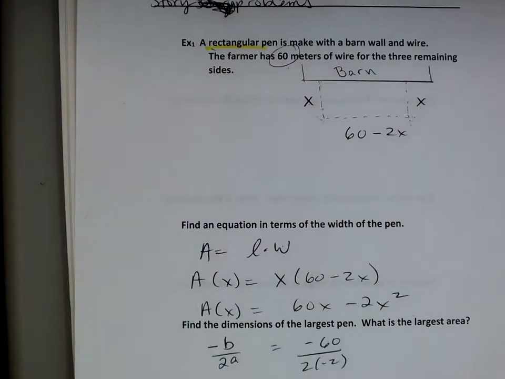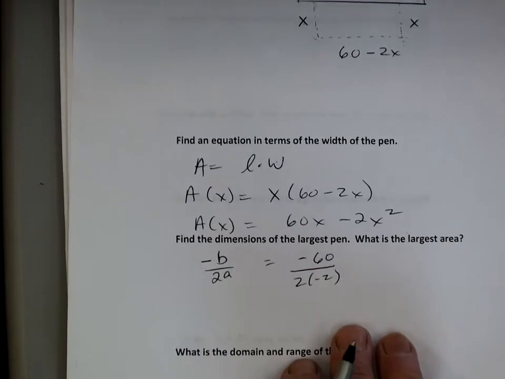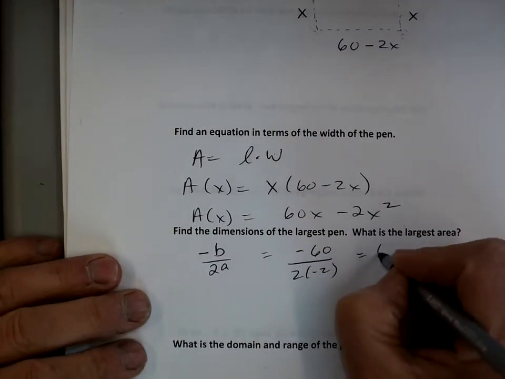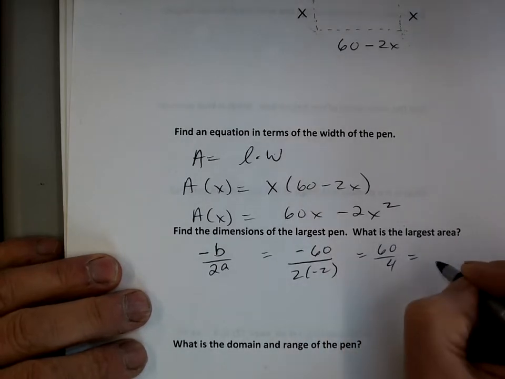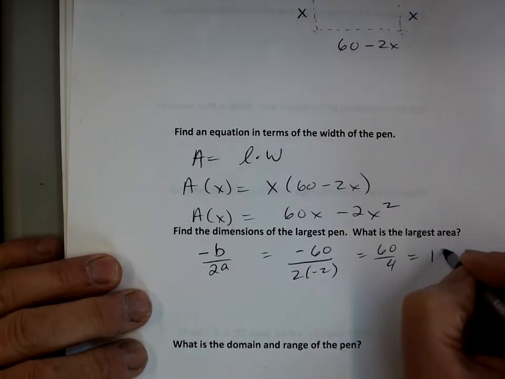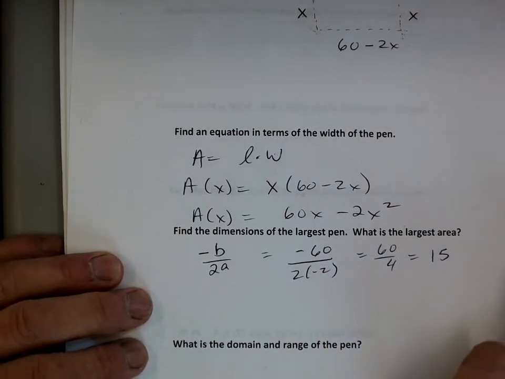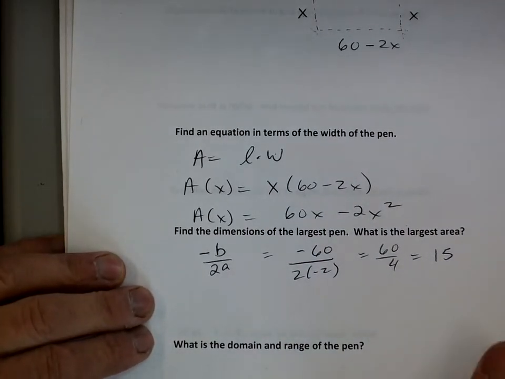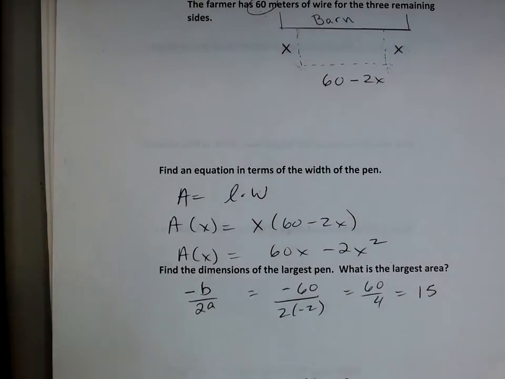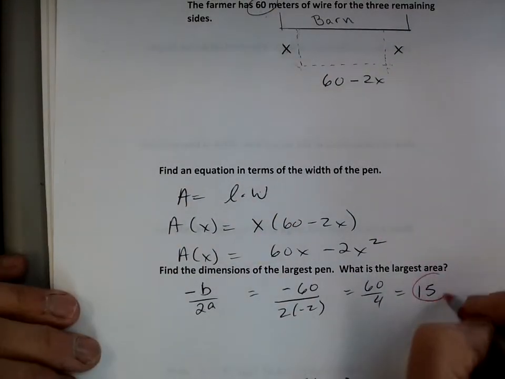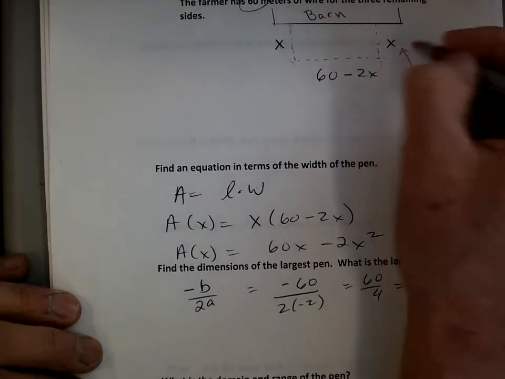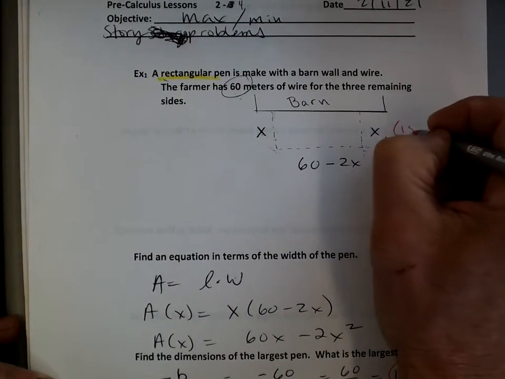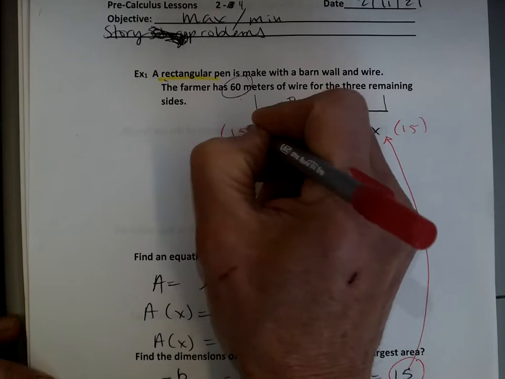And I'm also going to show it on the calculator so you can see the graph, okay? It becomes 60 over 4, which is 15, right? All right, what does that tell me? It tells me x is 15, right? So if x is 15, I can go back and look at my fence, and I can rewrite this as 15. This is 15.